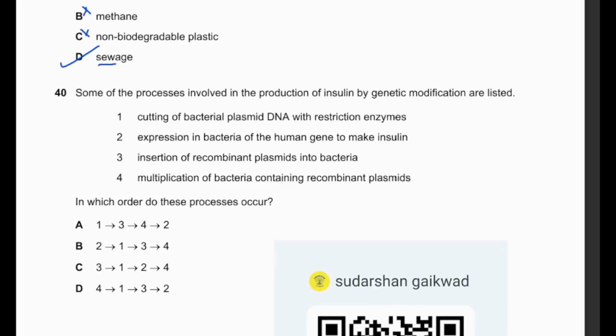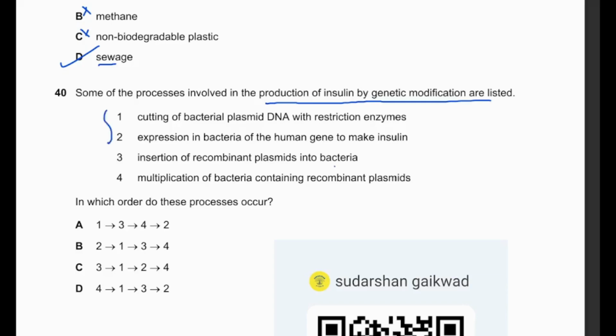Now, some of the processes involved in the production of insulin. Last chapter, chapter 21, biotechnology, right? Production of insulin by genetic modification: cutting the bacterial plasmid DNA with restriction enzyme, expression in the bacteria of the human gene to make insulin, insertion of the recombinant plasmid into bacteria.